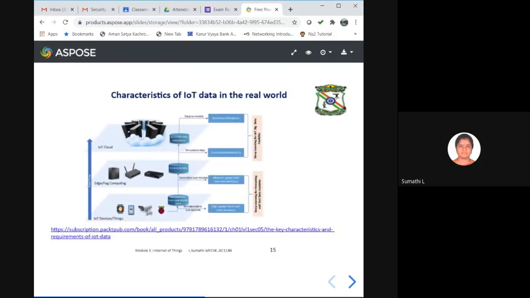Okay, this picture shows the same thing: it depends on the velocity, how fast the reaction should be. If I need the response in milliseconds, then this sort of analytics has to be done in the device itself. If I need it in seconds, I will do the analytics in the edge devices.